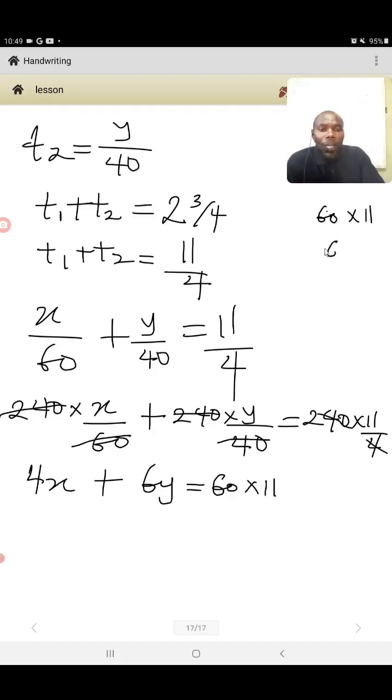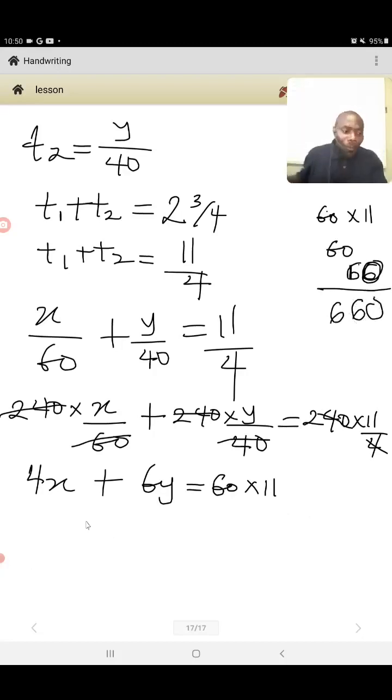With rough work, 60 plus 60 making 0, 6, 6, so you have 660, which is the logical way to do it.